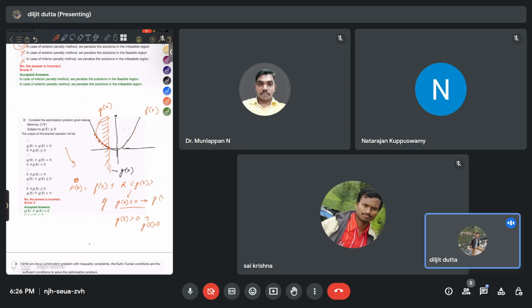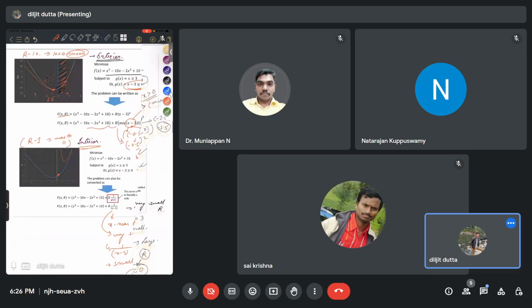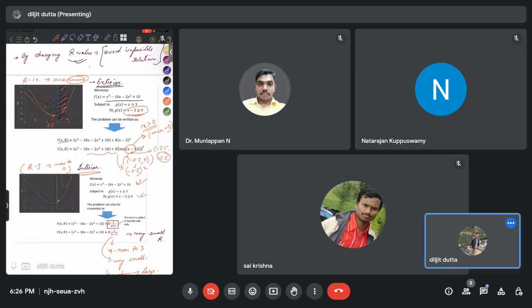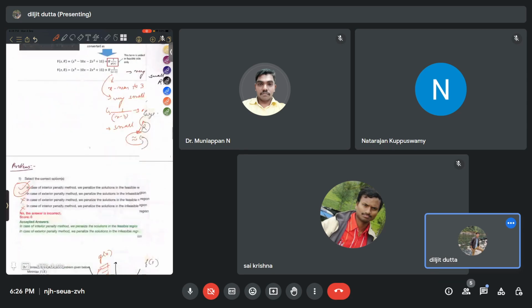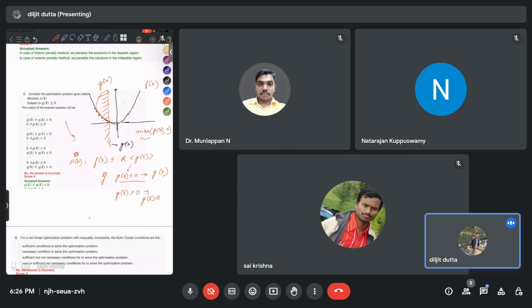For the greater than or equal to constraint we had the minimum of x minus 3, that is minimum of g of x comma 0. Here we will have maximum of g of x comma 0.